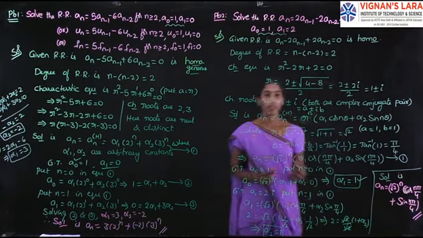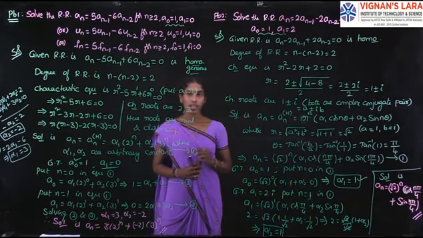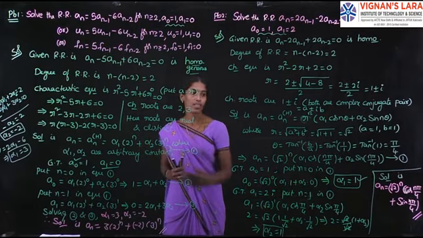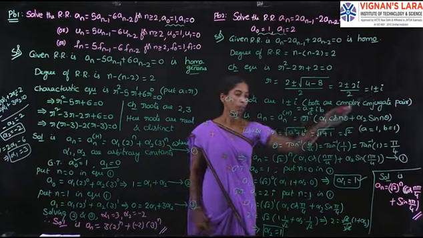This is the way of calculating the general solution of a homogeneous recurrence relation if the roots are real and distinct. The second one is if the roots are complex conjugate roots.